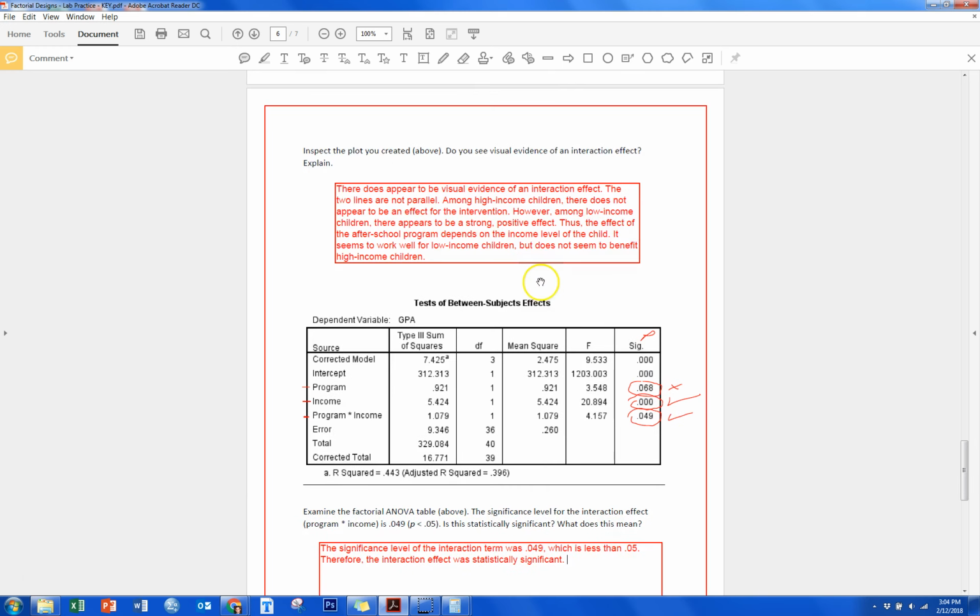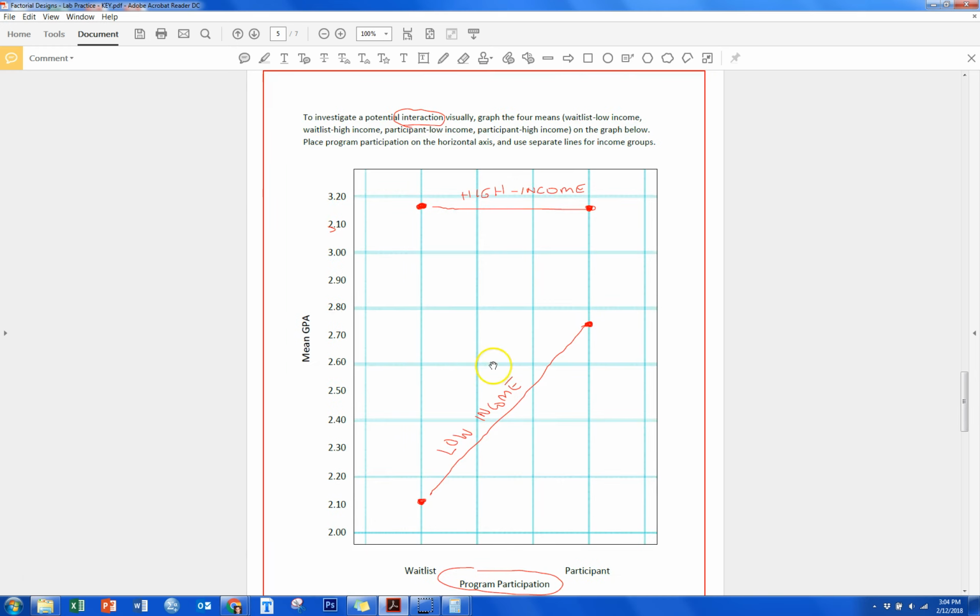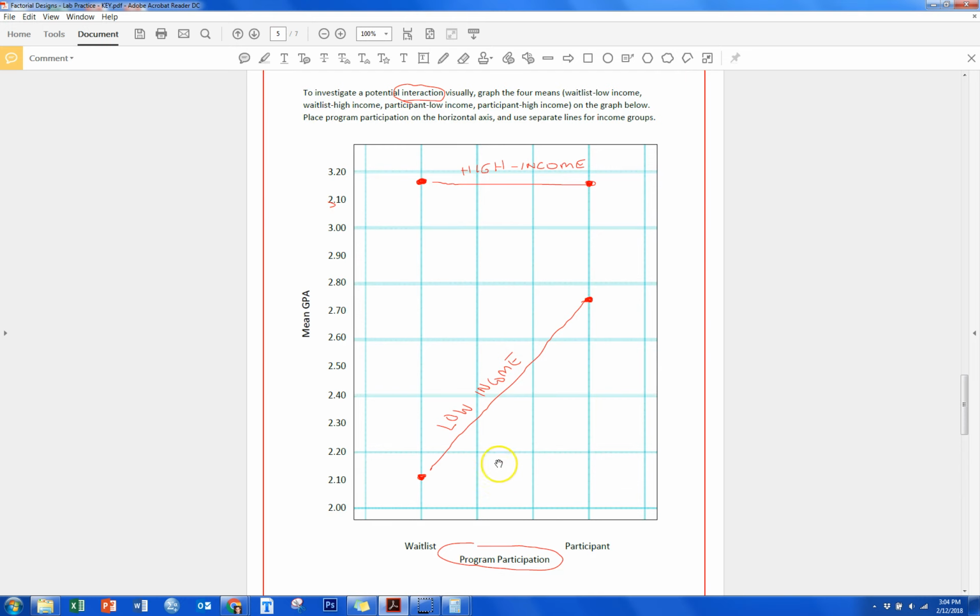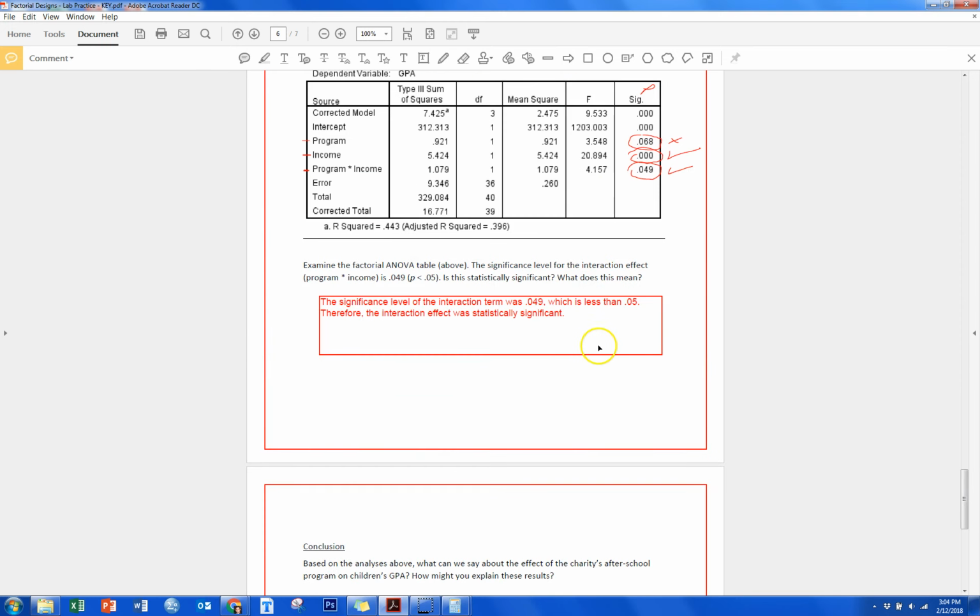What does this mean? Well, we've taken a look at the graph here. Clearly, what's going on is the program works well for the low-income kids, has no benefit for the high-income kids. The after-school program improved the GPAs of the low-income children, but it had no measurable benefit for the high-income children, just based on this one analysis and this one variable.